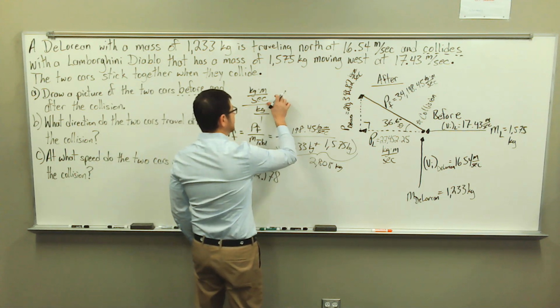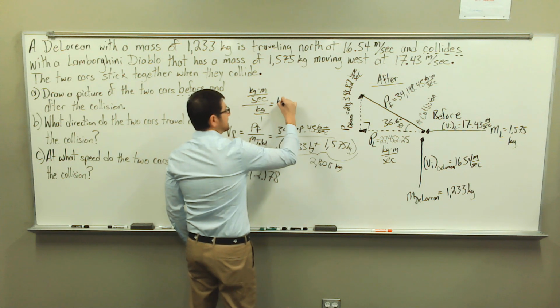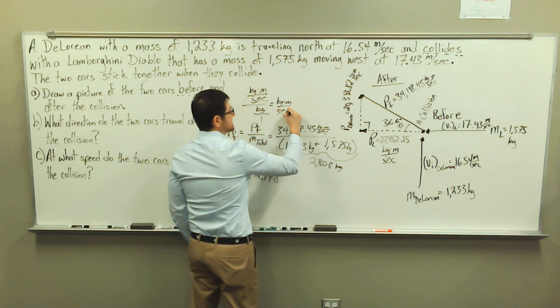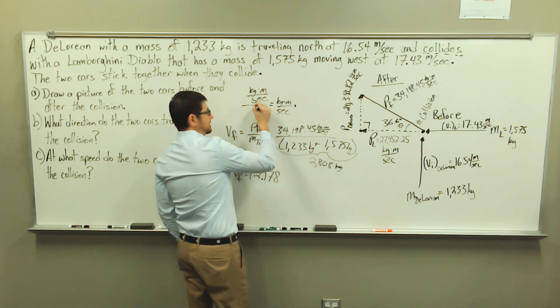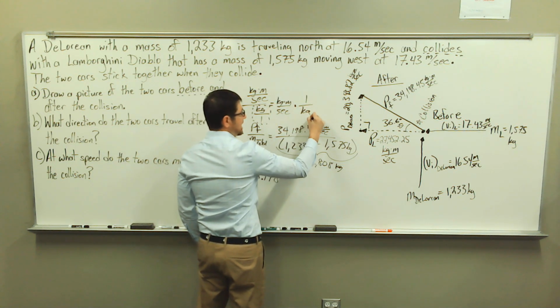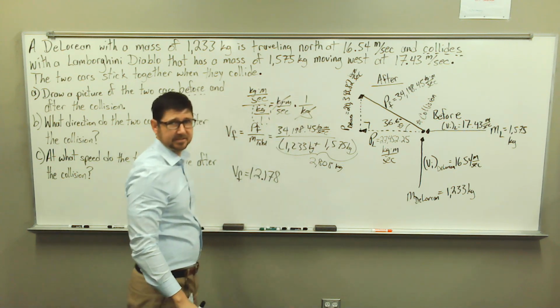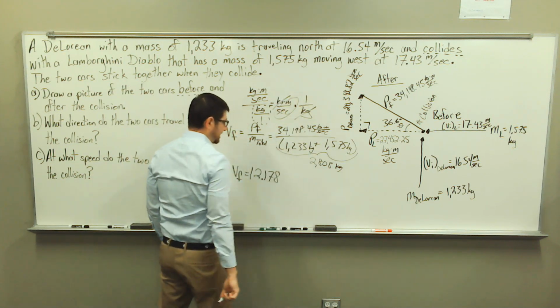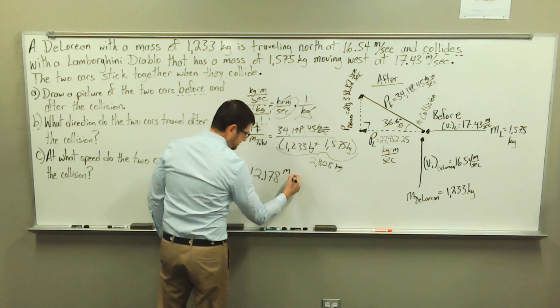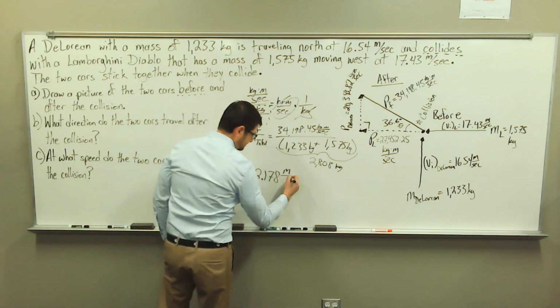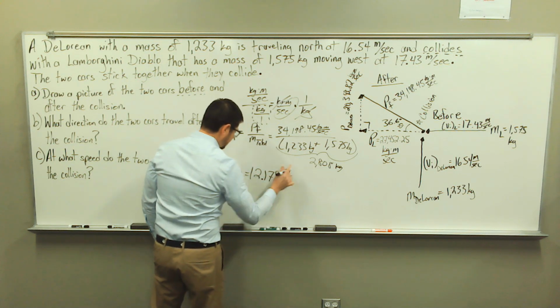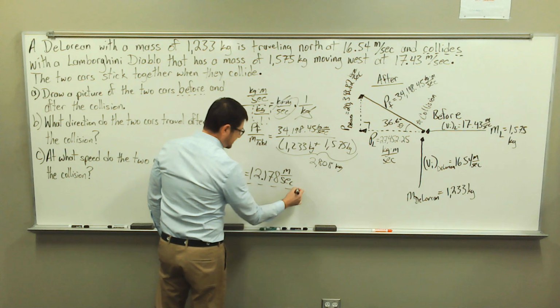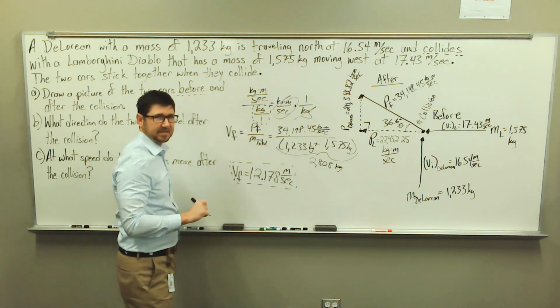So this is going to give me kilogram meter per second times the reciprocal of our denominator, 1 divided by kilogram. You can see immediately that the kilograms cancel, leaving us with meters per second squared. I'm sorry, meters per second. Okay? So final velocity of the system is meters per second.